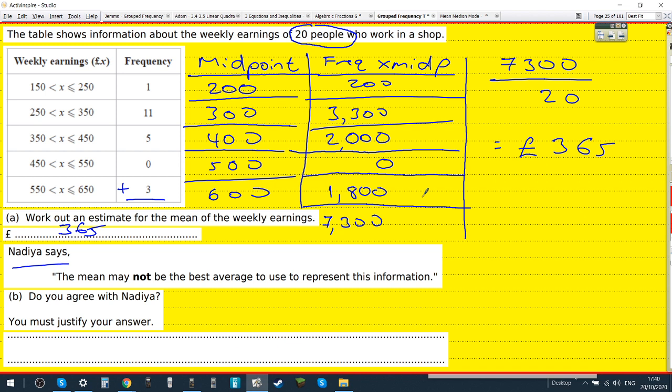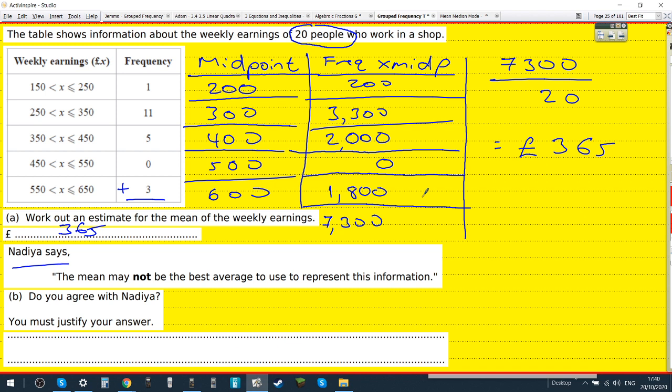You must justify your answer. What other ways are there to represent it? You could use the mode. What would be the modal class interval?